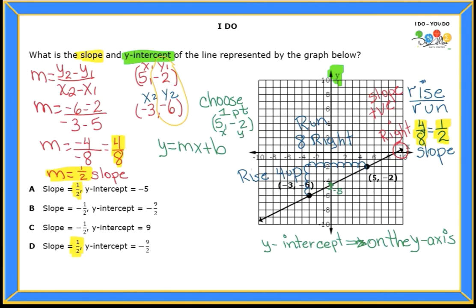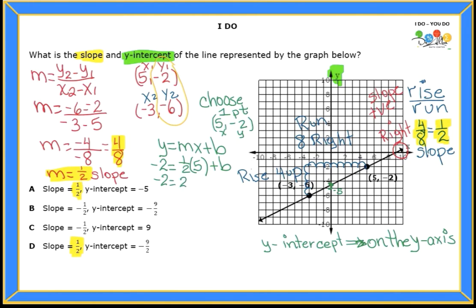Okay, so let's replace the values. The y is going to be -2. How about m? Well, m, I found earlier as 1/2. x is 5, and I'm going to continue by writing plus b. And 1/2 times 5, I can write as a fraction, or I can write the decimal.